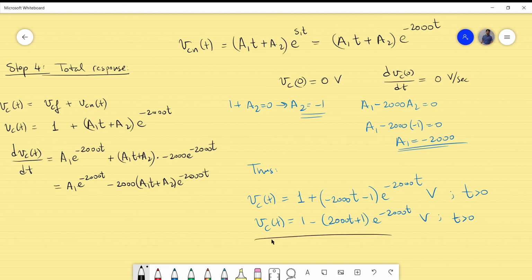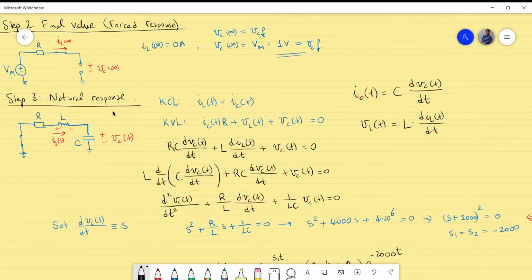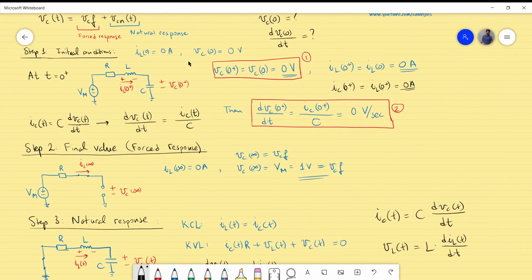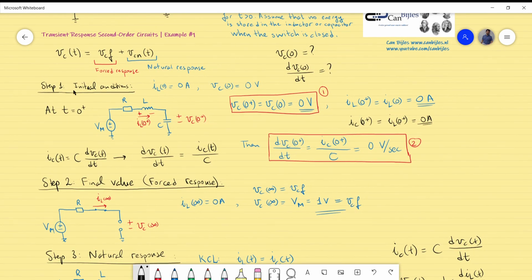As a summary, I will just zoom out. We start again with what we did for the first order transient response with the initial values. That will give us the situation that we use in the last step. This is actually the same procedure as we did, but the main difference is the situation at time equals 0 plus, which is required to calculate also the situation for the derivative of the capacitor voltage.